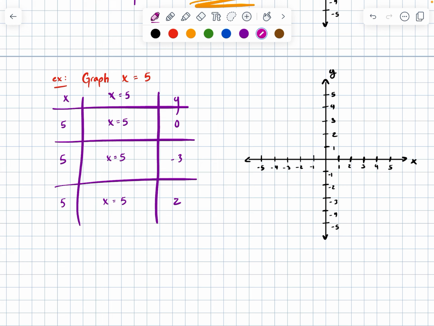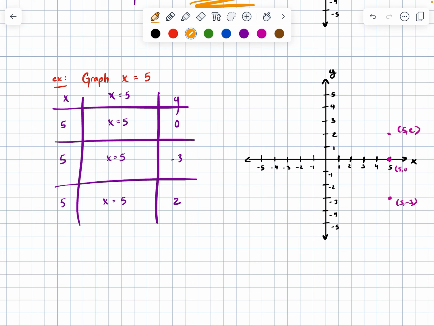So if I start to plot some of these points, maybe you arrived at this conclusion already. If x is 5, y could be 0 here. I could have the point 5, -3. So this point down here. I could have the point 5, 2, which would be up here.